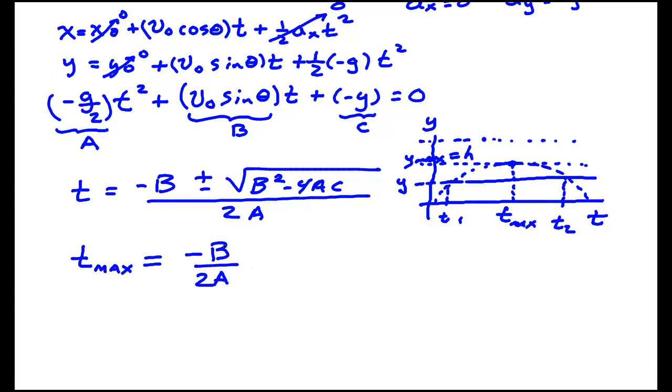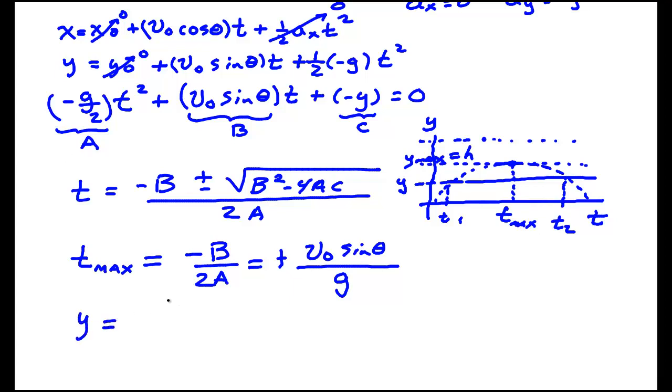Well, I've got everything I need because I've got right up here b and a. So I have minus v naught sine theta, and all of that's divided by minus g over 2, but I've already got a 2 here, so minus g. So a g goes there, and that becomes not a minus anymore. Now I can find the height.